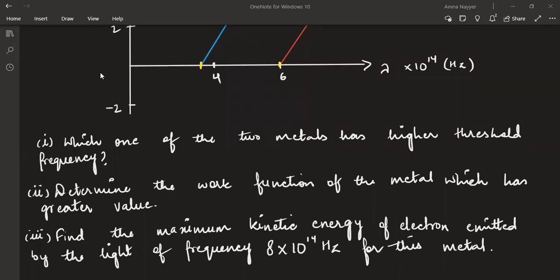Ahmed, recheck your answer. Samaira, your answer is correct. Others also respond, at least for the first part.